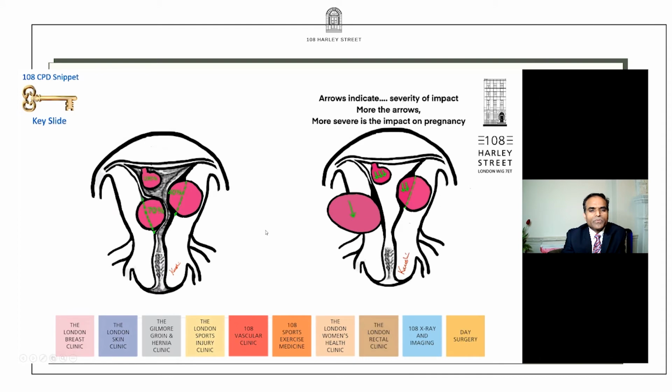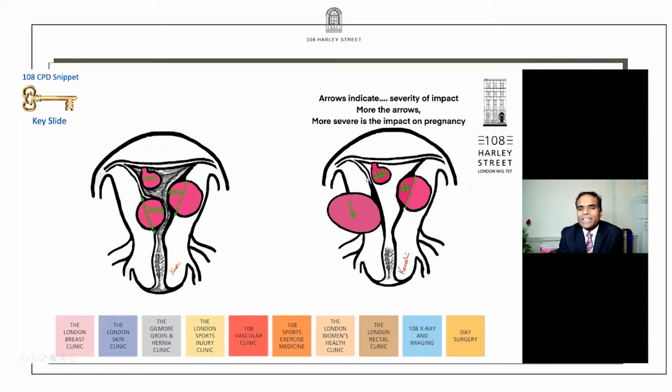Just to make it more simplified, in this picture on your left, the first, 100%, is a submucosal intracavitary type 0 fibroid. The second one is protruding by 70%, and the third one is protruding into the cavity by 40%.